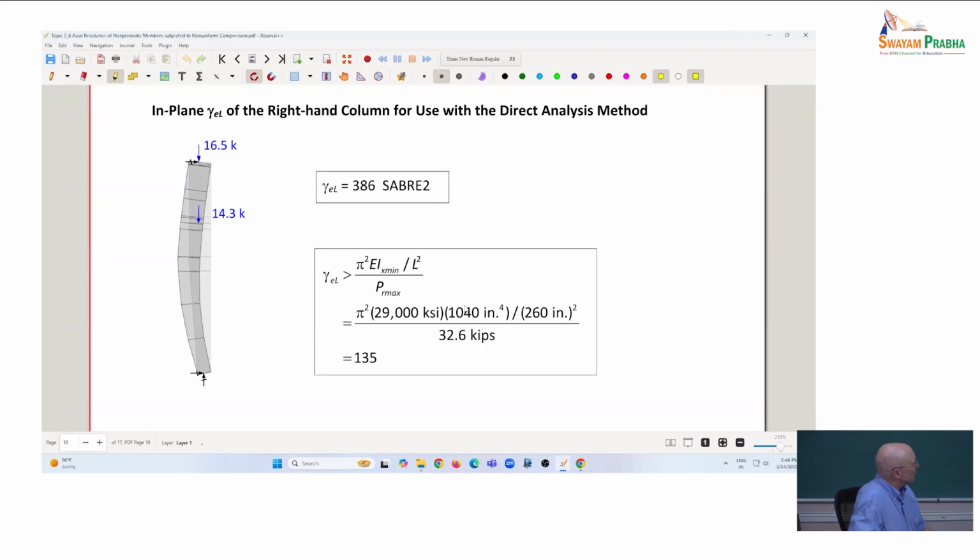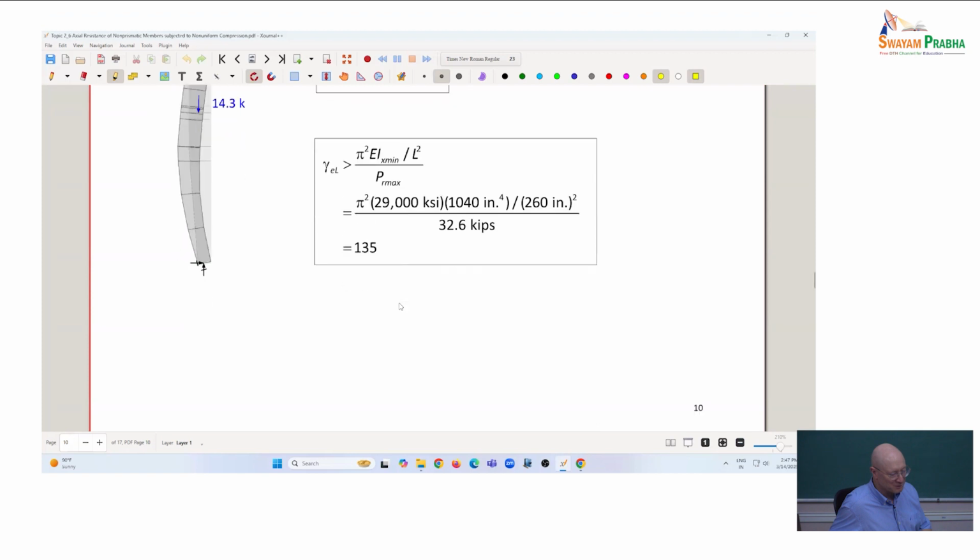And Sabre 2 basically shows that in-plane gamma EL is quite large. And I can get a very simplistic estimate using the minimum moment of inertia, and it's still very large. So I know that basically the major axis buckling in a braced buckling mode on my column here is really not something that's significant.